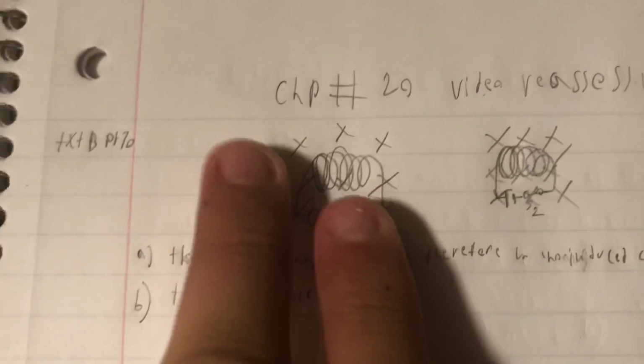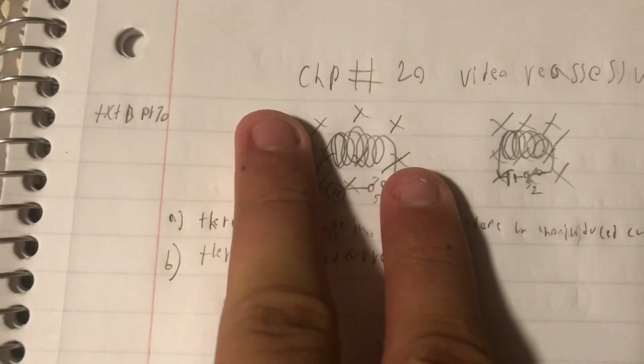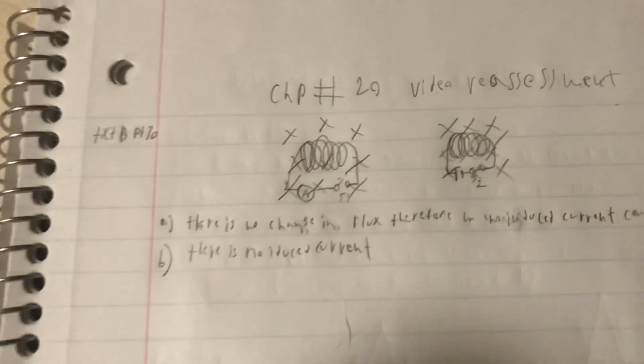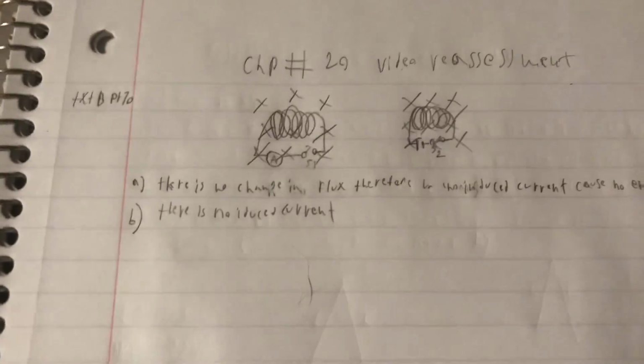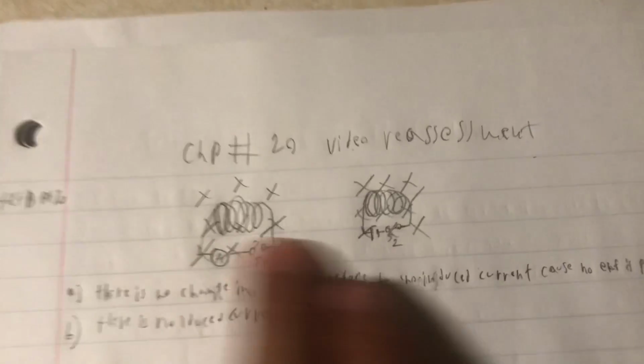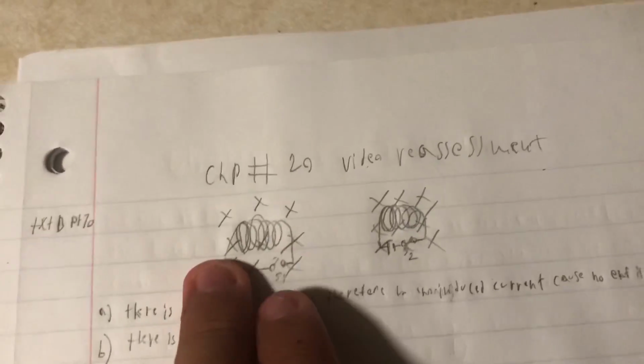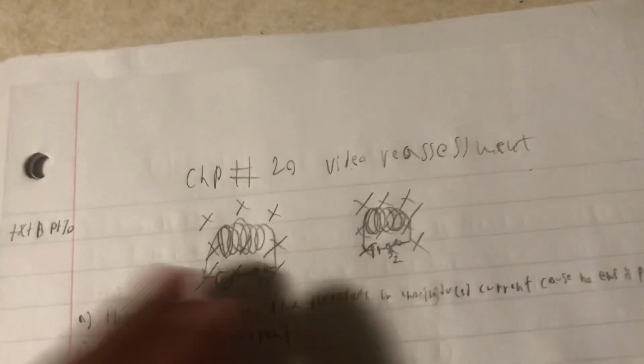And let's say the area of this is getting smaller. Let's say this is 2 millimeters on each side, 2 millimeters from here to here.